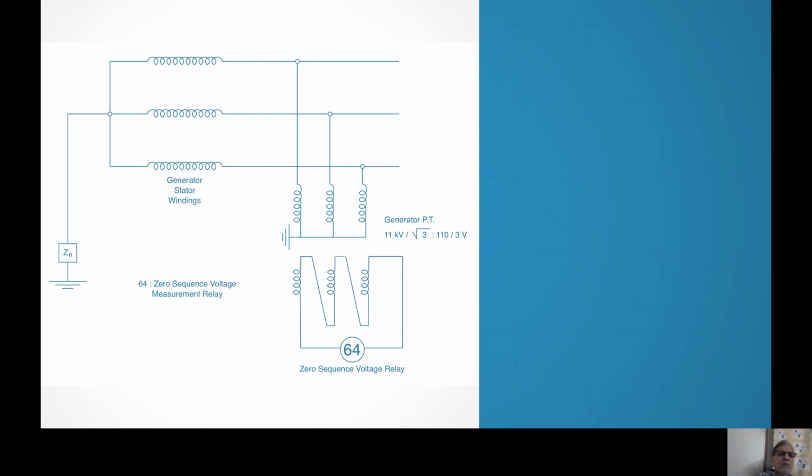Third harmonic out of that is about 1 to 3%. So you cannot make relay 64 more sensitive than 3%, and therefore 3% winding will still remain unprotected. You can protect 97% of the winding from the terminal. 3% from the neutral you will not be able to protect.